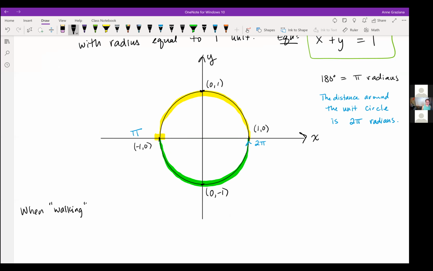Or when moving, whatever, when navigating around the unit circle, we always start at (1, 0). We always start there, and go counterclockwise.